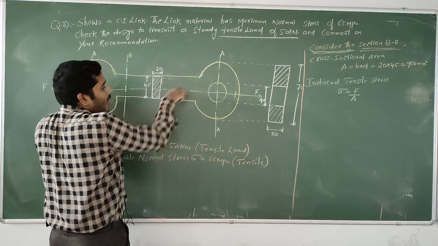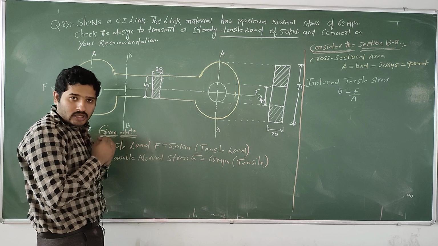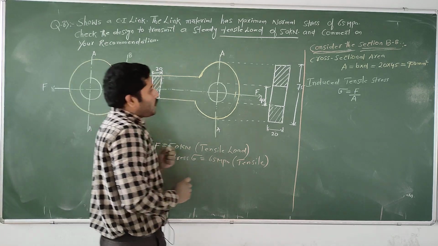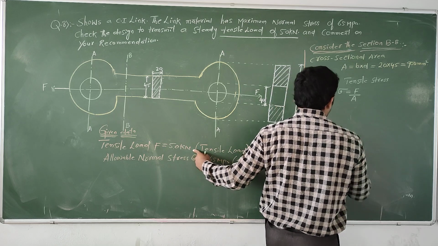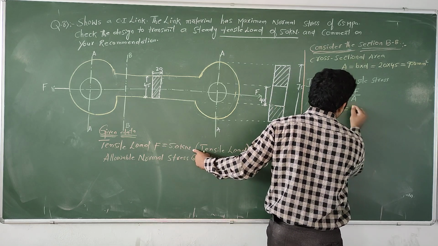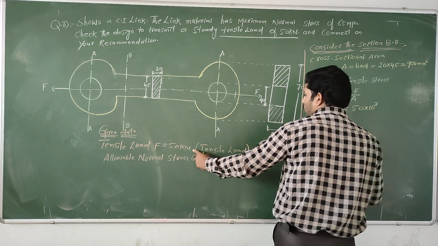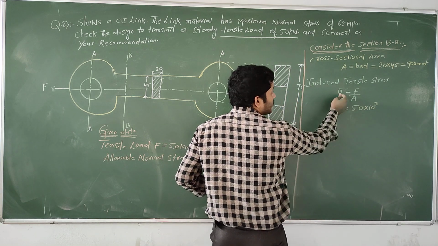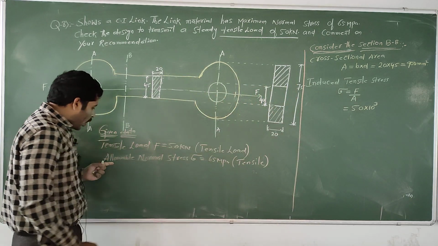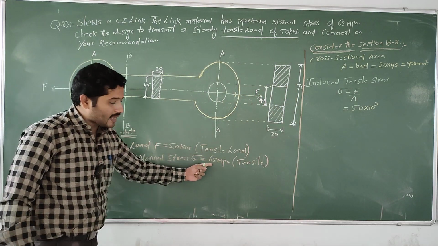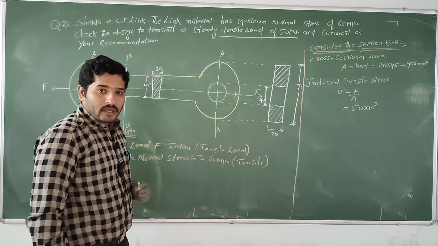How is the load acting? Axial load is acting. So the force we have to consider is 50 kilonewton, that is 50 into 10 power of 3 Newton. The allowable normal stress value is given as 65 megapascal.